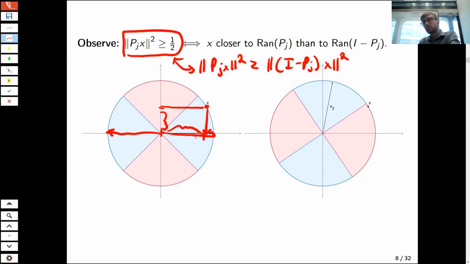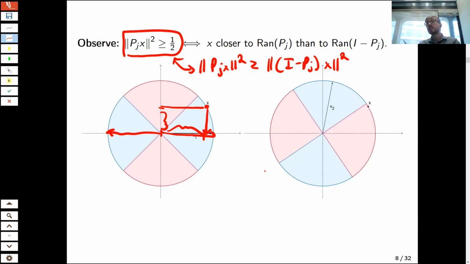So these 2 lengths here, those are telling me about the distance from x to these 2 subspaces. Okay, so I do this for a whole bunch of choices of the projection. And really what ends up happening is I get information about which of these subspaces x is closest to.